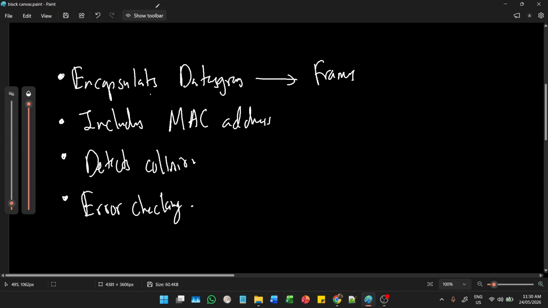Before, I believe you guys understand what encapsulating datagrams into frames means.